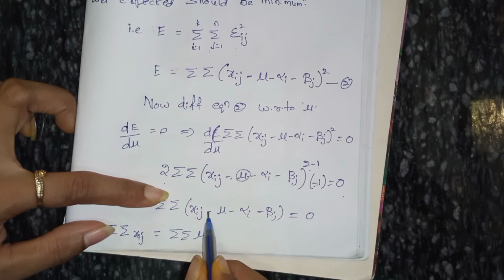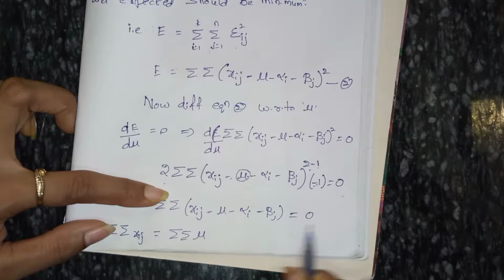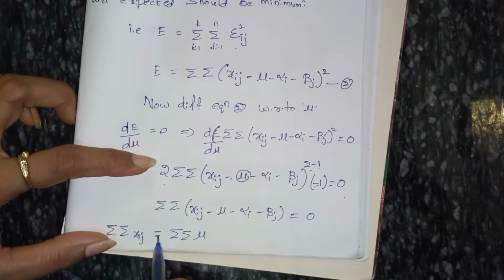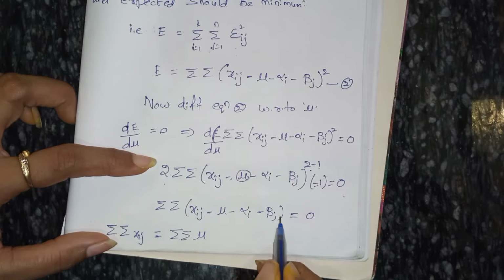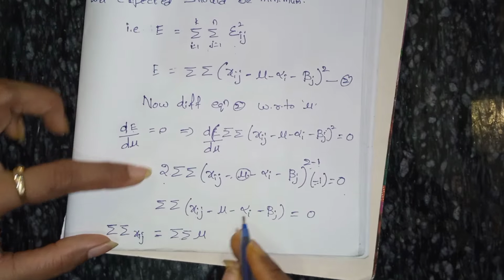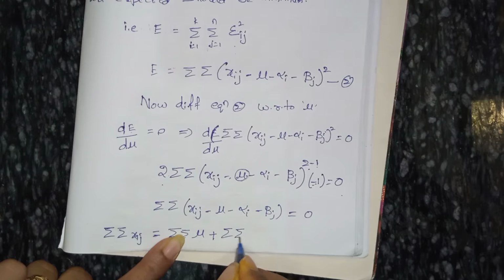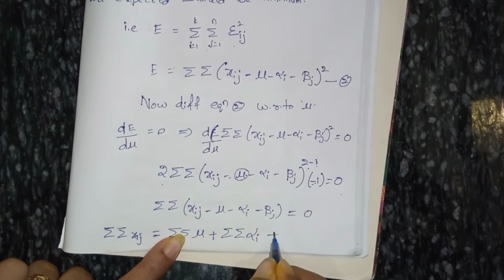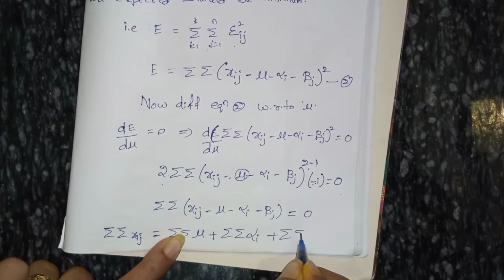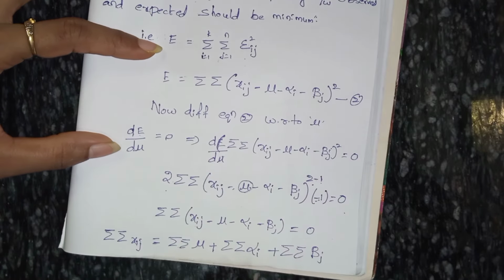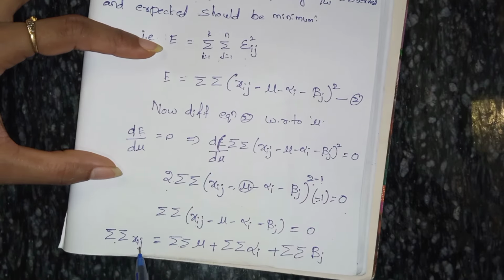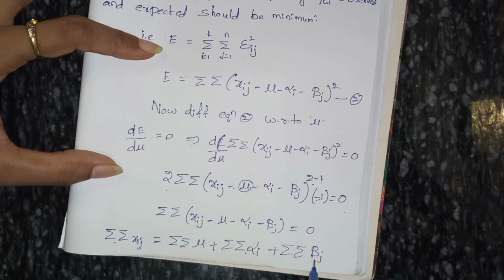These are negative, so if we take from LHS to RHS it becomes positive. So directly I write all these on the right side, plus double summation alpha i plus double summation beta j.